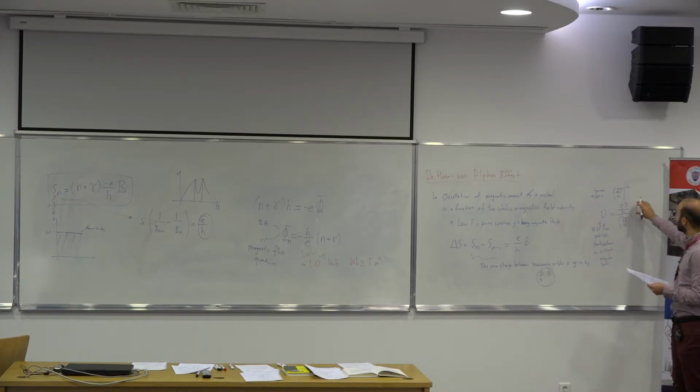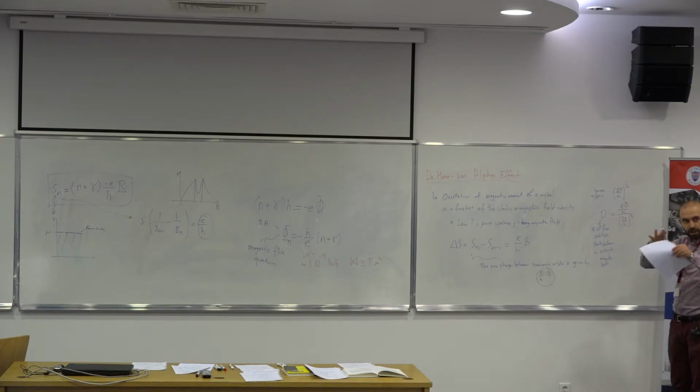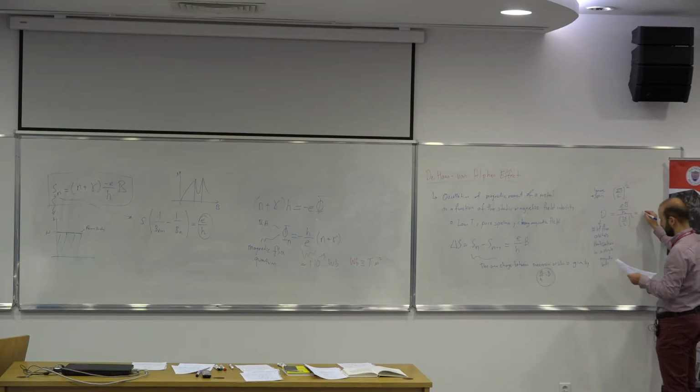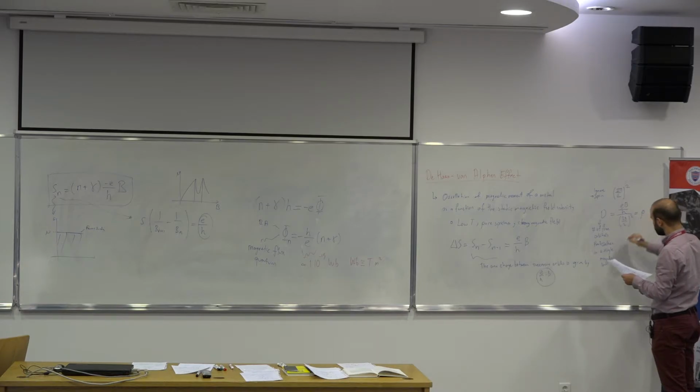So I'm dividing the change of area in my Fermi surface by the area of each orbital to find the number of free orbitals that will coalesce into a single magnetic level.